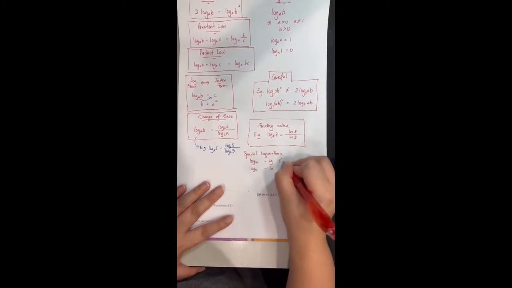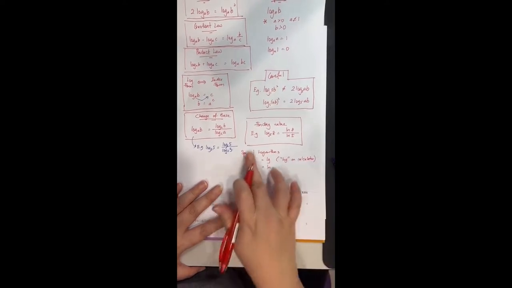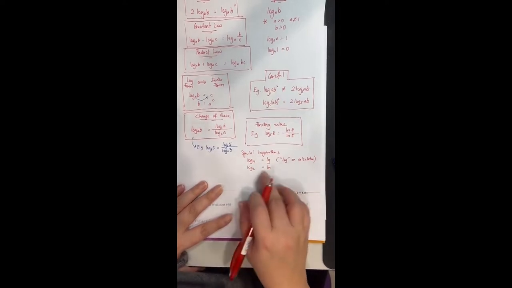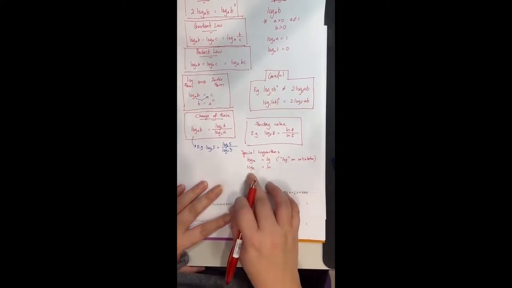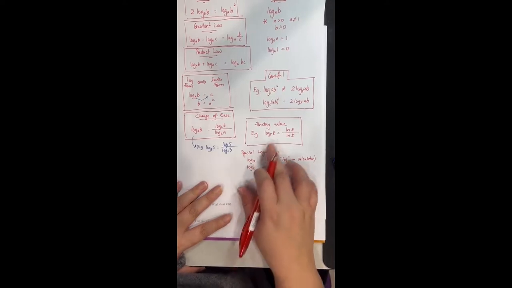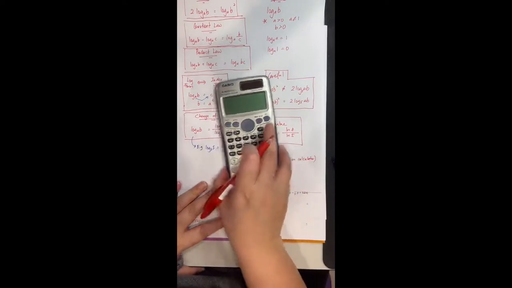This one is log on the calculator. Okay, don't come and tell me, hey, where's the ln now? What's the base of ln? ln is actually base e. Log is base 10.